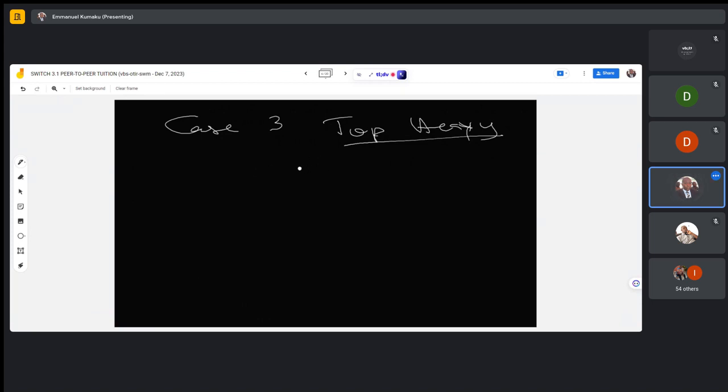Top heavy. When it's top heavy, straight away, we don't have a horizontal asymptote. When it's top heavy, no HA. For example, if I have x squared plus 3x plus 6, this is just a random expression.